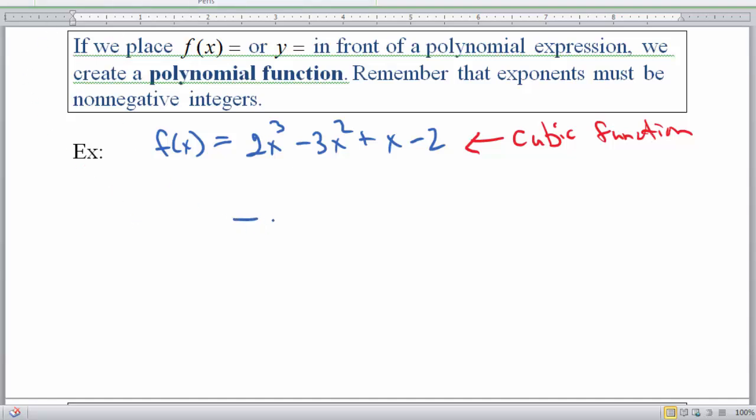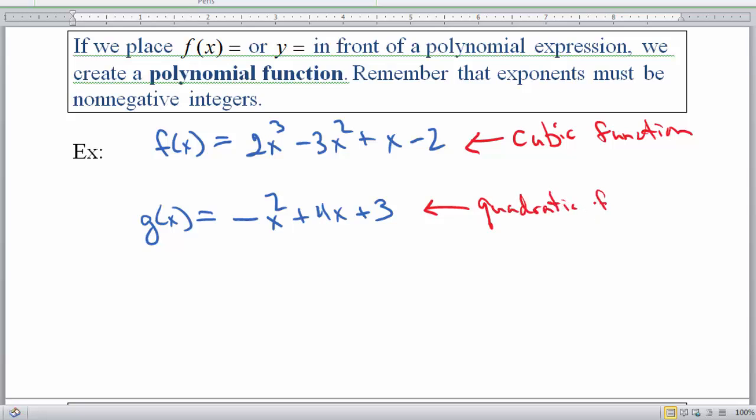And if I took some general second degree polynomial expression, and I'm going to call this one g of x, that's now a second degree polynomial function, which we would call a quadratic function.